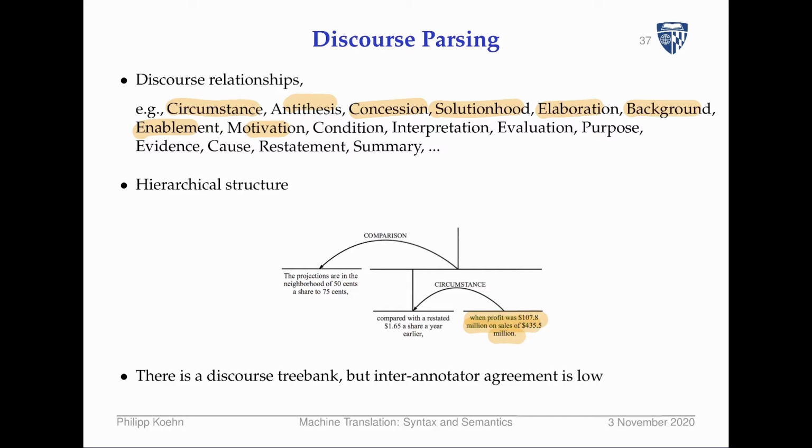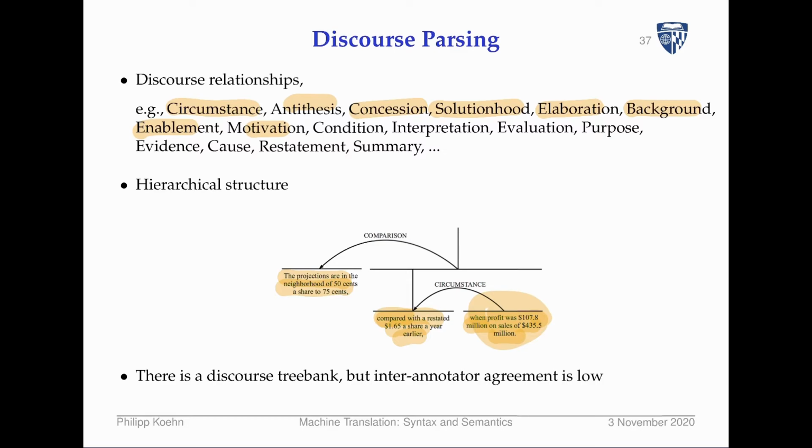If you have a sentence, it might have multiple clauses in it, or elementary discourse units, and they have relations to each other. Here it starts with the projections are in the neighborhood of 50 cents a share to 75 cents. And then there's a comparison, compared with a restated $1.65 a share a year earlier. And then this is a circumstance relationship, when profit was 107.8 million on a sale of 435 and so on.